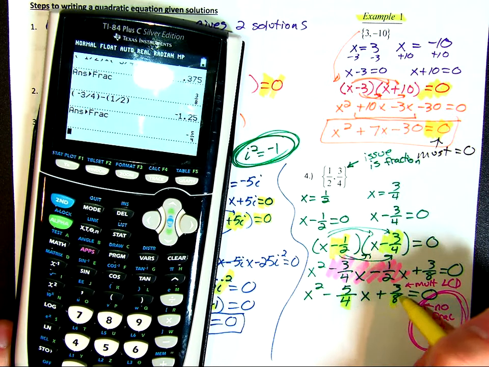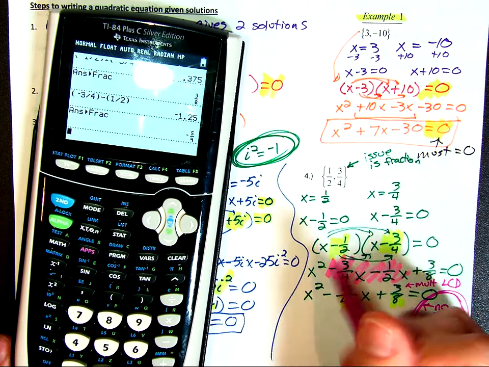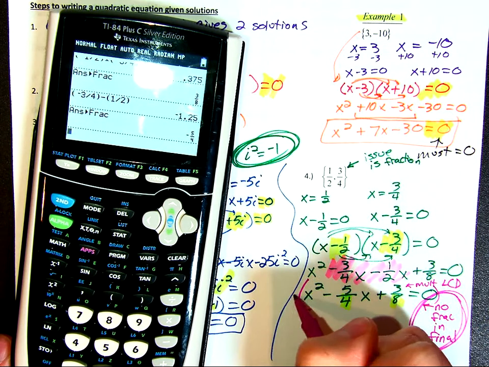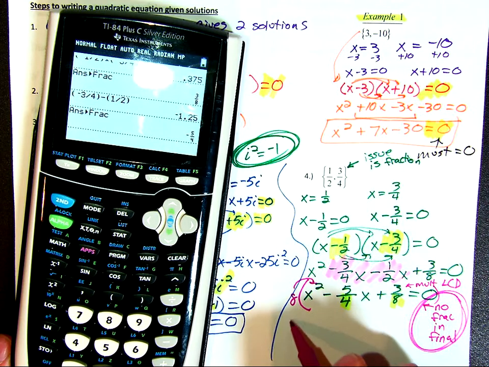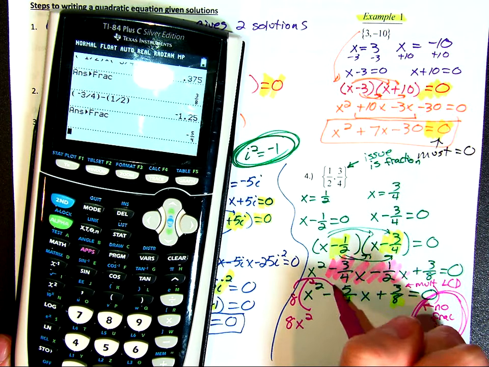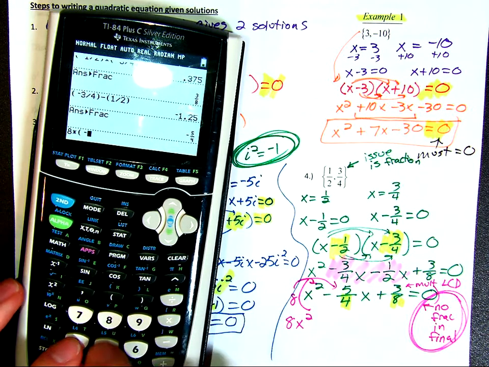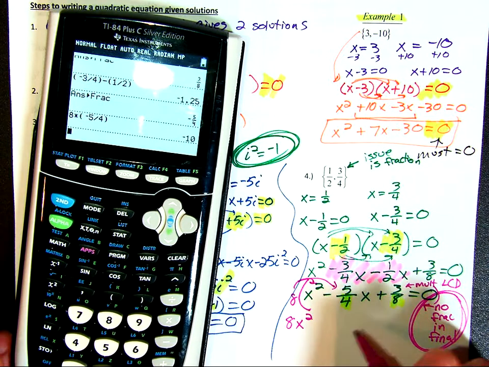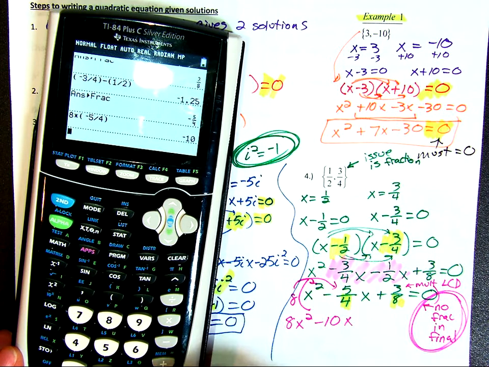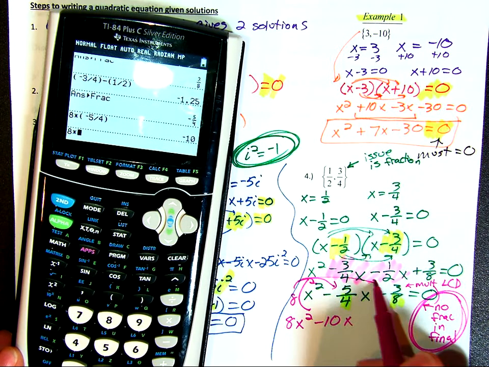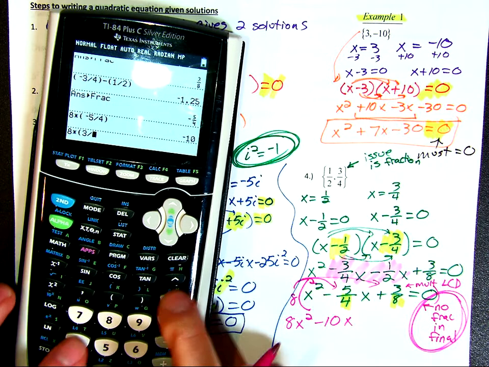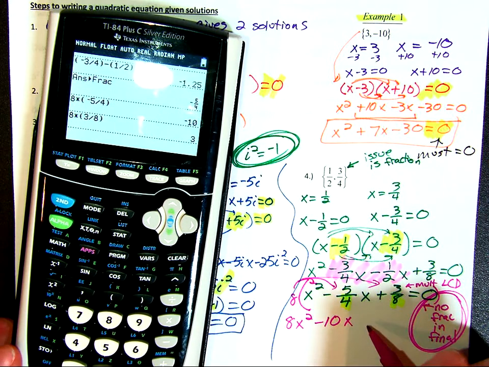And the lowest multiple between 4 and 8 is 8. So I'm going to multiply this entire thing by 8. So 8 times x squared is 8x squared. Then I have to do 8 times -5/4, which is -10x. And then I have to do 8 times +3/8. And we would get 3 equals 0.